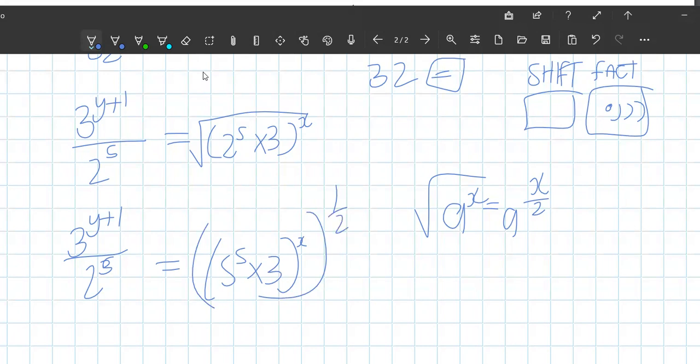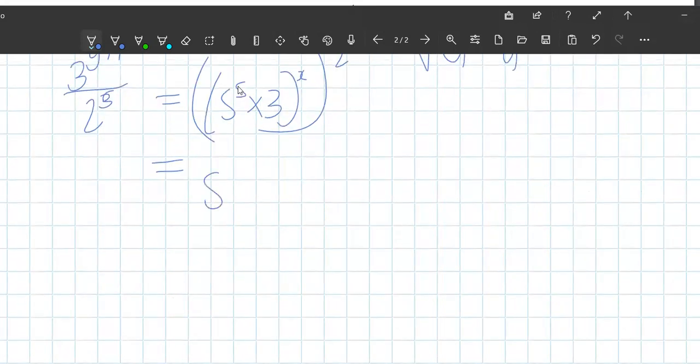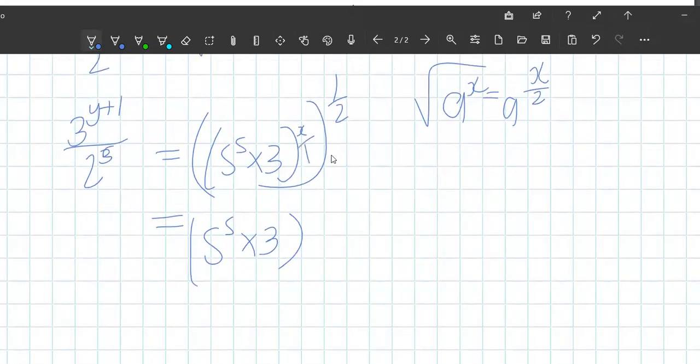I just took it one step at a time, and of course, using this rule on the right, you could have done it all in one step. So it would have been just simply x over 2. But if you see here, x times 1 and 1 times 2, whichever way you did it, would have still worked out. Top times top, bottom times bottom.